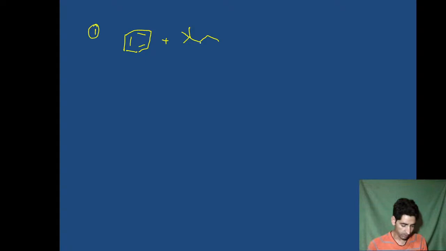I have 1, 2 and 3. Over here I have Cl and I have Cl, and then it is treated with AlCl3 as well. So what will be the product of the reaction? The first step involves the reaction between this Lewis acid and this alkylating agent.